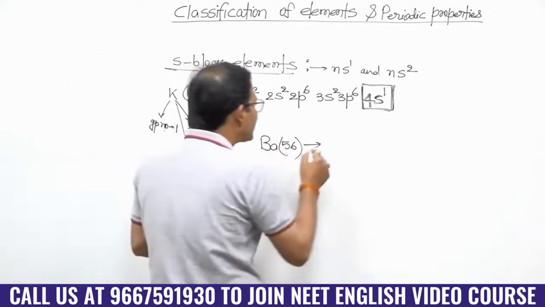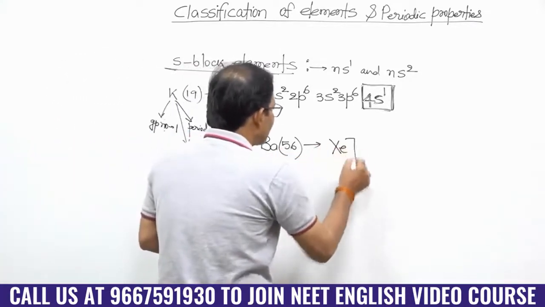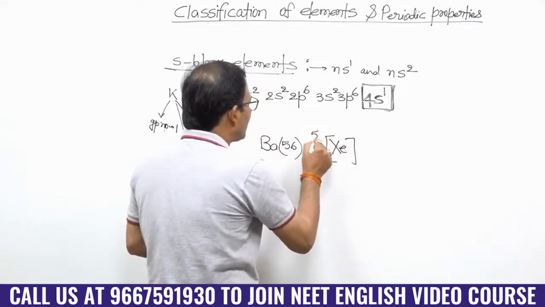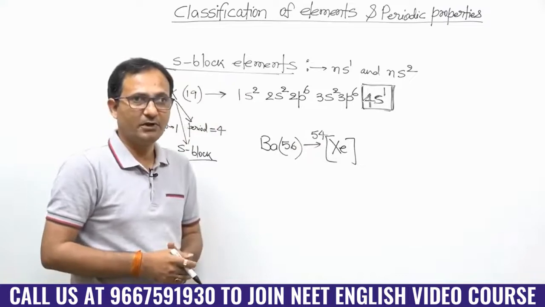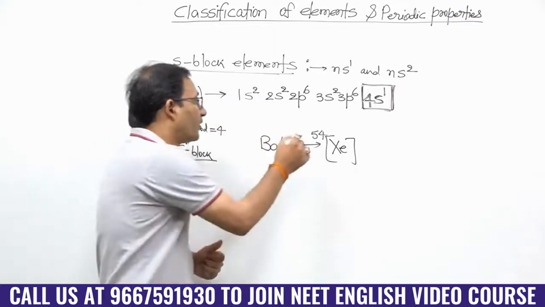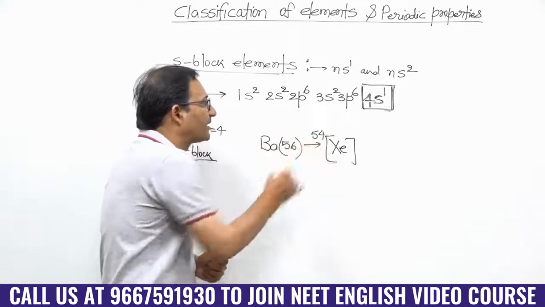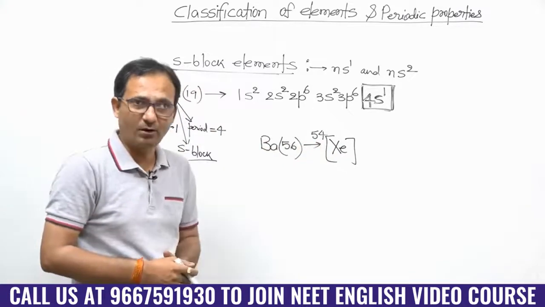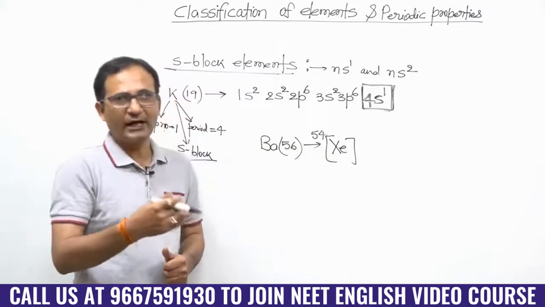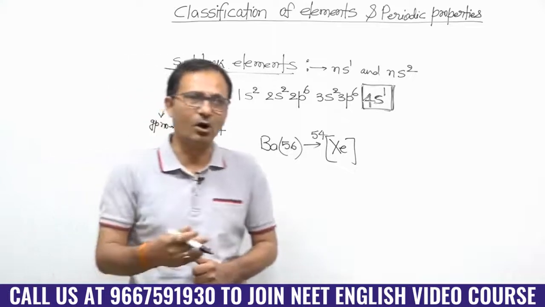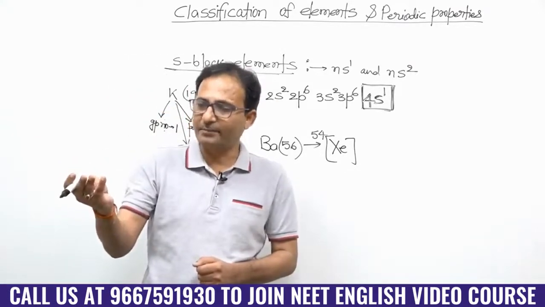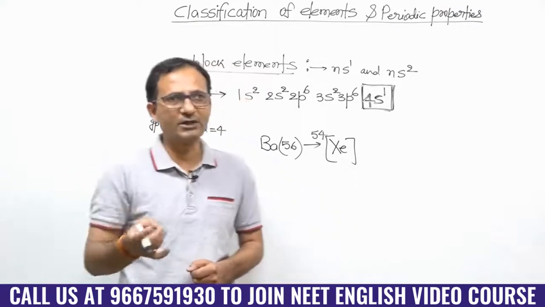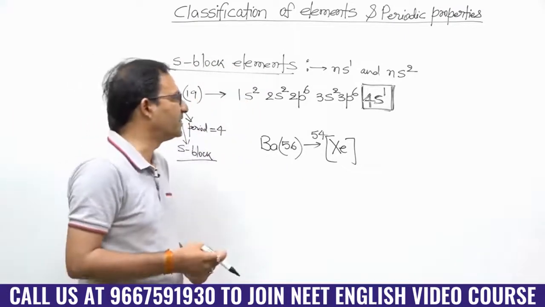The noble gas which will come is xenon, the atomic number of which is 54. Therefore, for 54 electrons we can write here xenon. Now xenon is the last element of the fifth period: helium, neon, argon, krypton, xenon. Xenon is the last element of the fifth period.